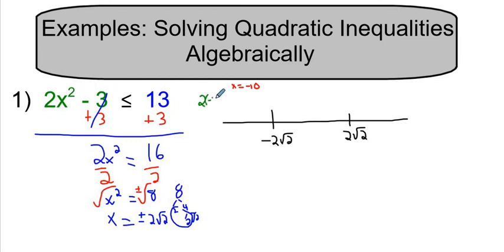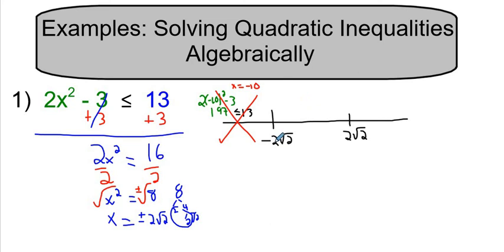If I put negative 10 in and subtract 3 from it, using the order of operations, this would be 100 times 2, so this is 200 minus 3, or 197. Is the inequality valid for it being less than or equal to 13? That is false, so I put a big fat X. The inequality is invalid here.